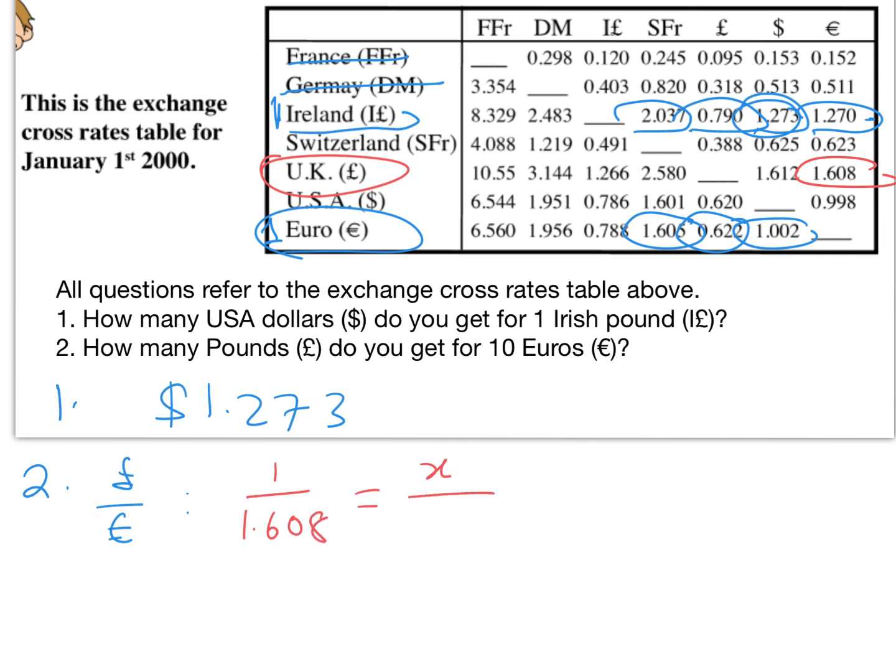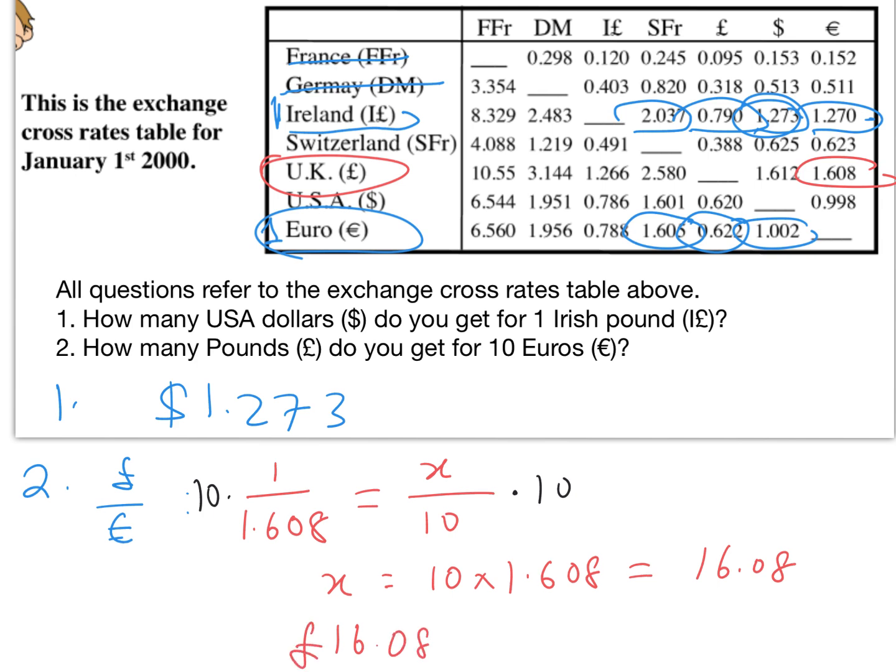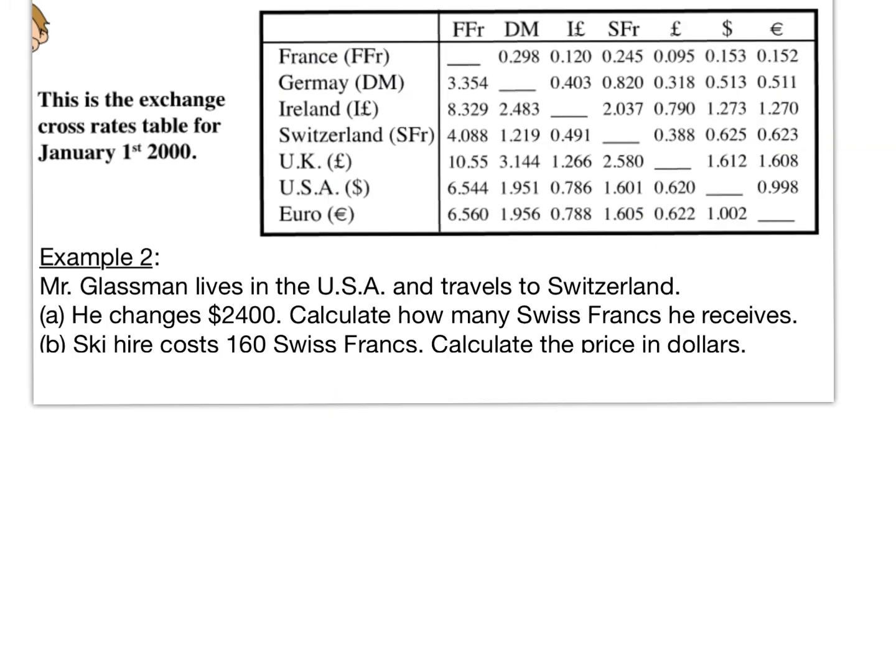So I'm going to leave it as X and 10 euro. In this case, I can just straight away multiply both sides by 10. X equals 10 times 1.608, and you get 16.08. So the answer will be 16.08 pounds.